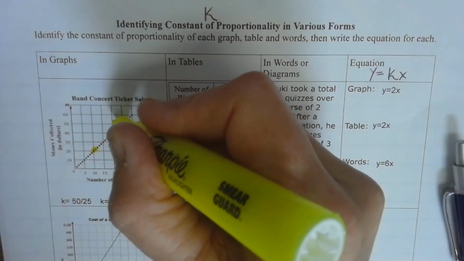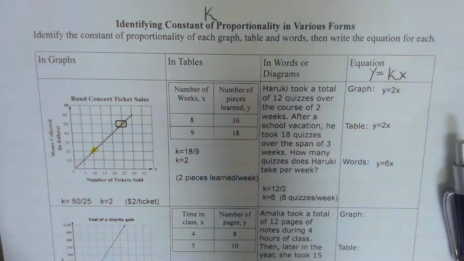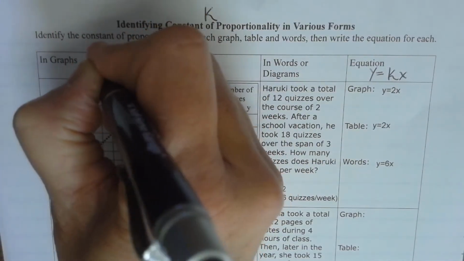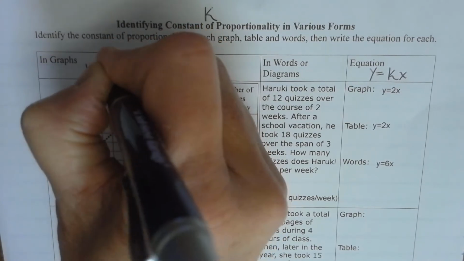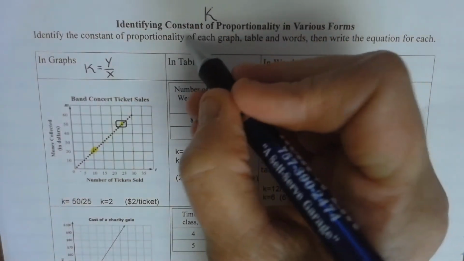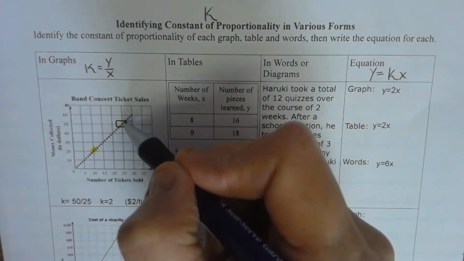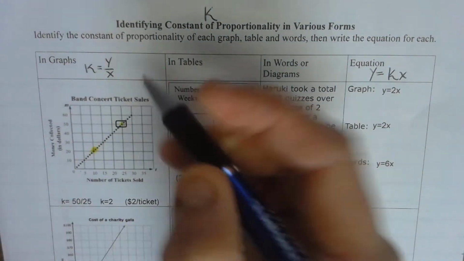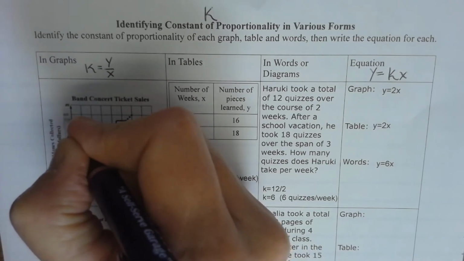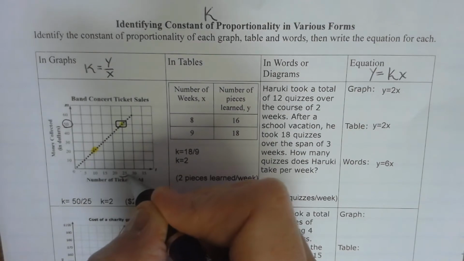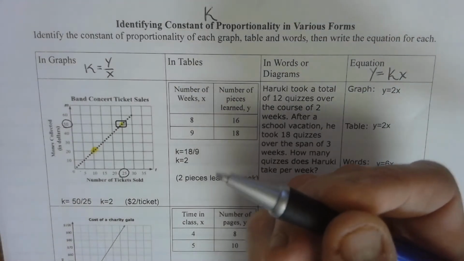All right. And you just pick one of those, and you perform the division, which is y over x, to get your k, which is your constant of proportionality. So in this example, I just chose this one right here, and you'll notice the y is 50, and the x is 25.